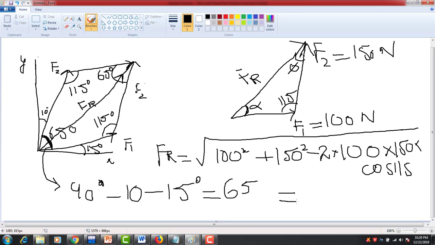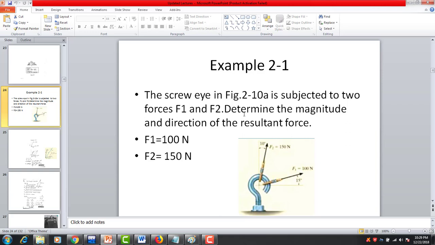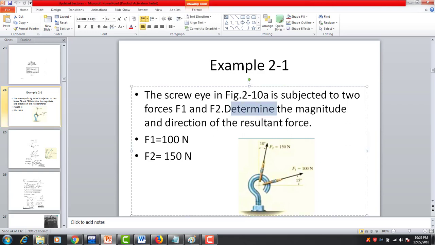So by calculator we can find FR, that is 212.55 Newton. So the magnitude of the resultant force FR is 212.55 Newton. We have found the magnitude. Now we will find the direction.